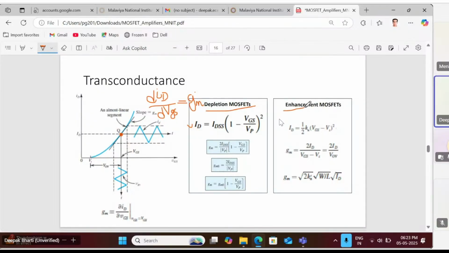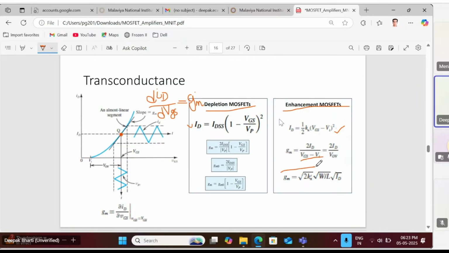And then for enhancement MOSFETs, we use the saturation current equation for ID. Using this equation, if we differentiate with respect to VGS on both sides, we get this expression of GM, that is twice ID upon VGS minus VT.